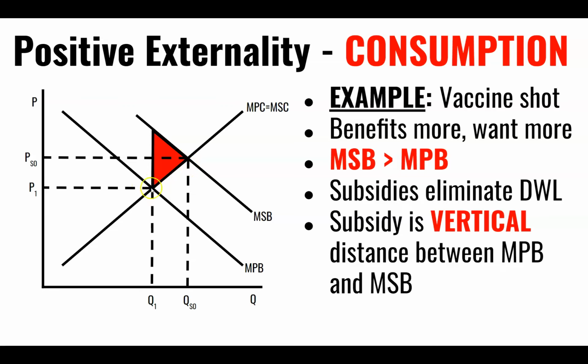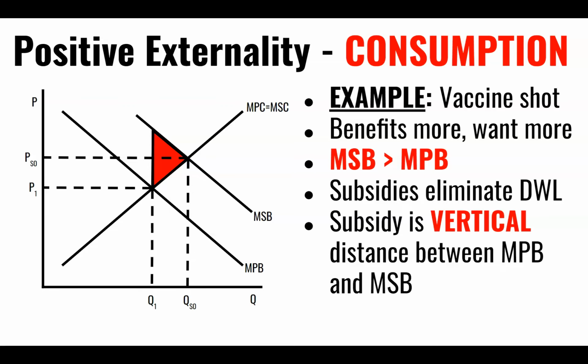So you find the market equilibrium, and then to graph this out, you go up for more benefit, and then to the right because we should be producing more of the good. That point then indicates the socially optimal price and quantity. We should be producing more than we are.